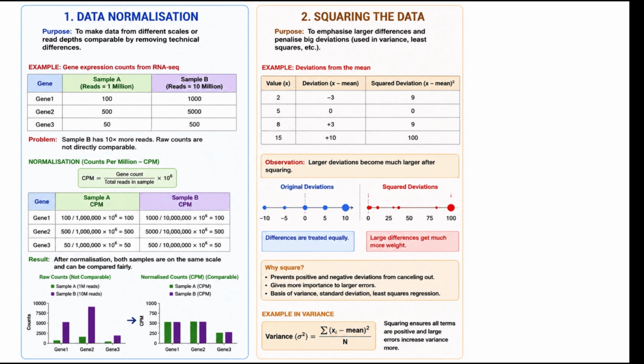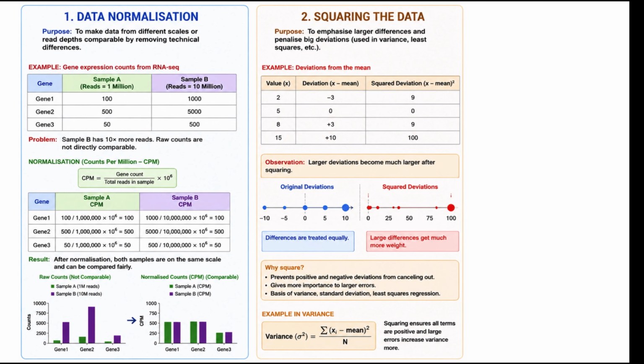For gene A, suppose 500 reads are present out of 1 lakh in sample A, and for the same gene in another sample you get 5,000 out of 10 lakh. Just by comparing these two and saying that the B sample has more expression of gene A is going to give a wrong interpretation.